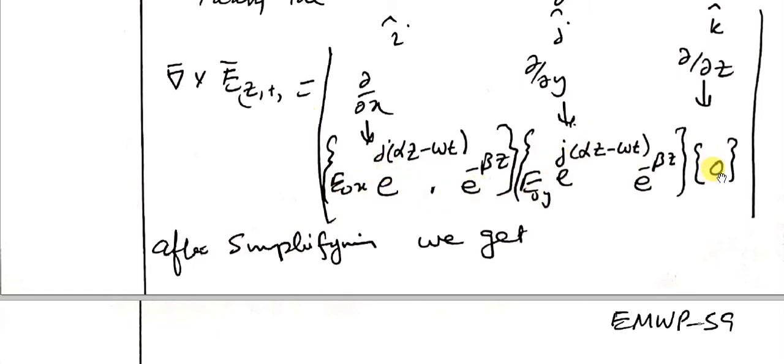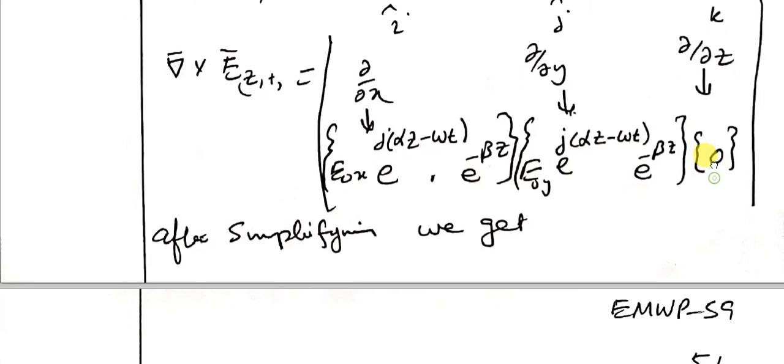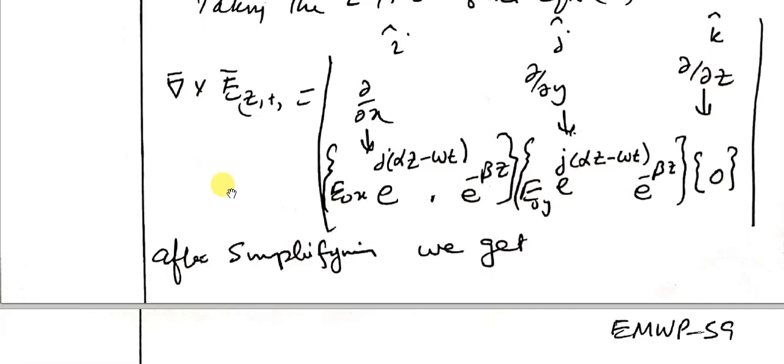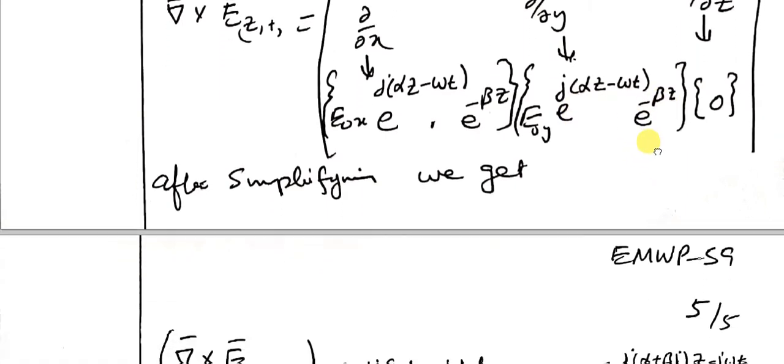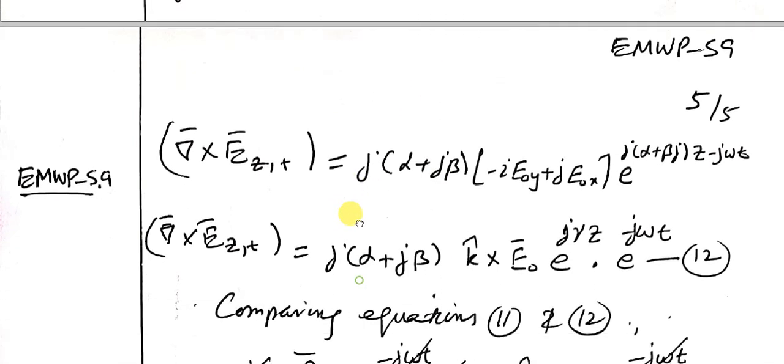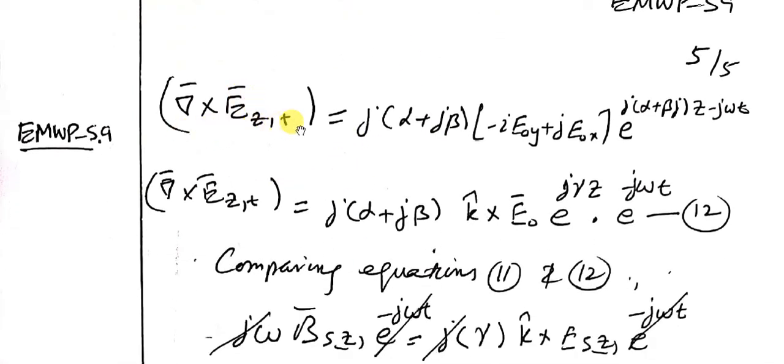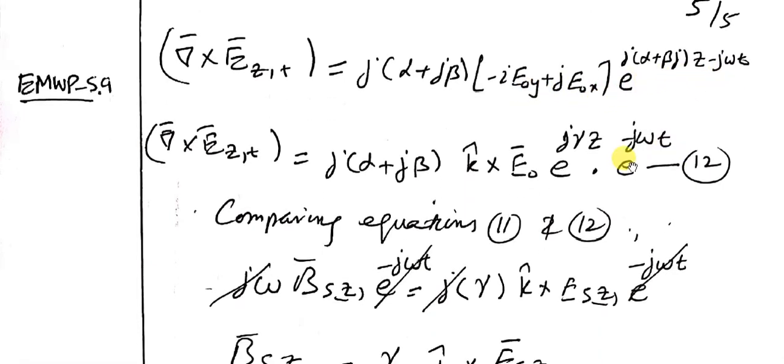The E z component is not there, since the wave is in the xy plane, propagating along z. After simplifying, we get the curl of E of z and t: j times alpha plus j beta, this whole term, minus E naught y plus j E naught x. Rearranging, this term is k cross E naught e to the power j gamma z into e to the power minus j omega t.